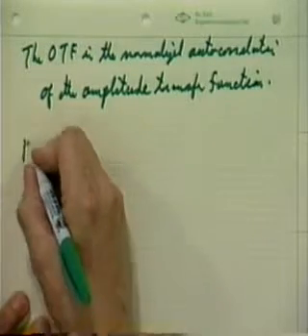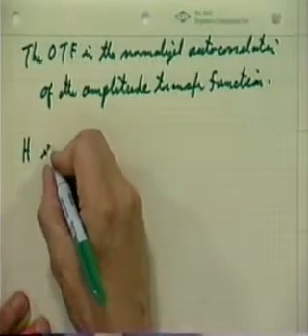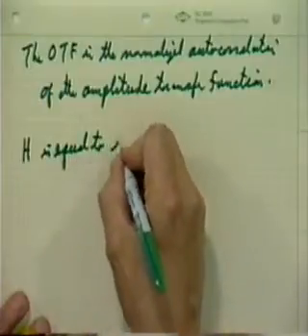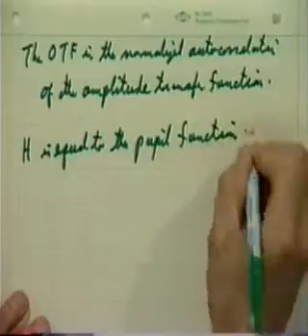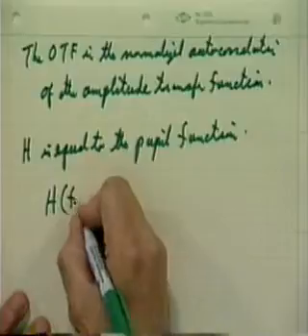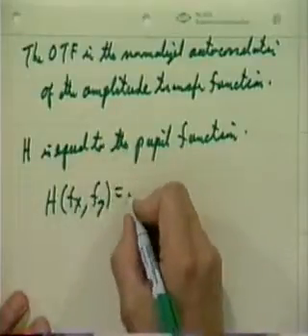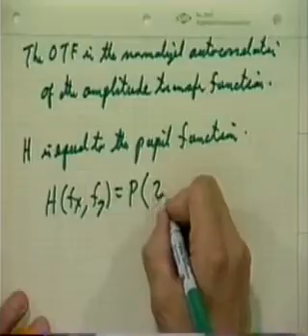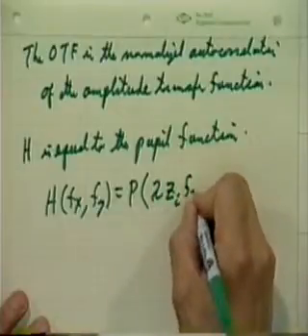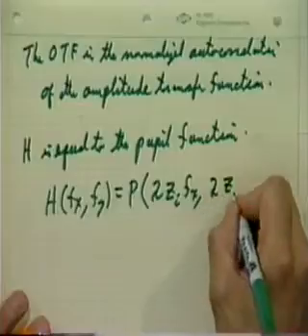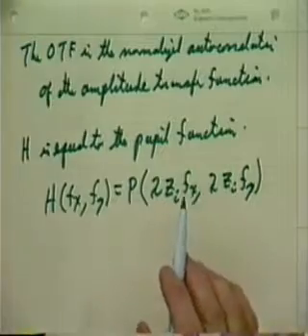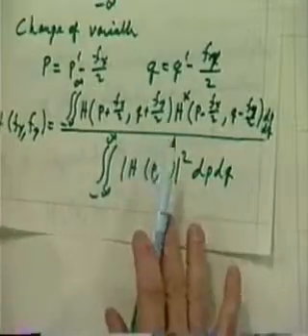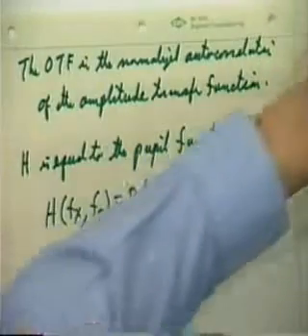Remember that the amplitude transfer function h is equal to the pupil function, and so H of f sub x, f sub y is P of lambda z sub I f sub x, lambda z sub I f sub y, as we had last class. So we simply plug that into the expression here, and then we get the result that we normally see. I like this result so well, I'll get a clean sheet of paper to put it on.